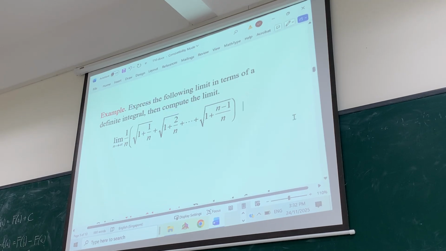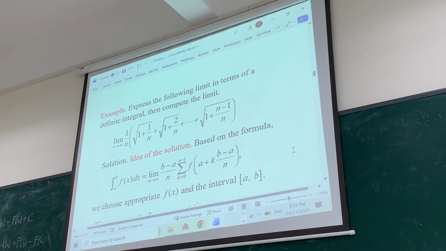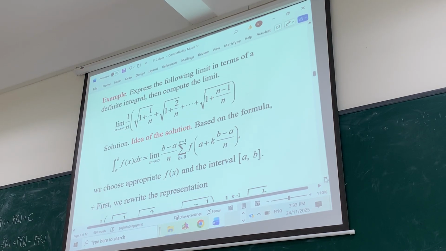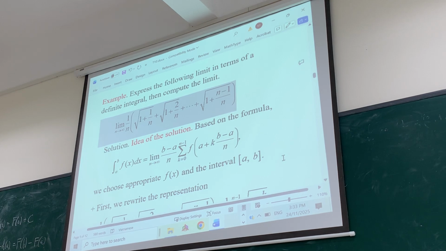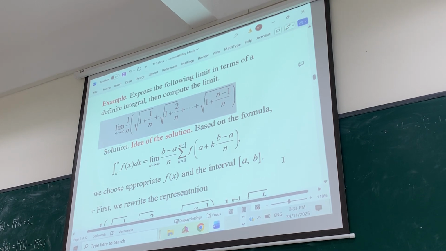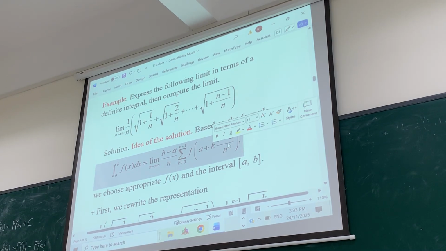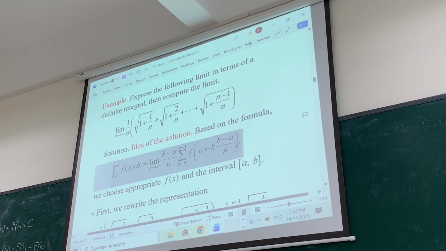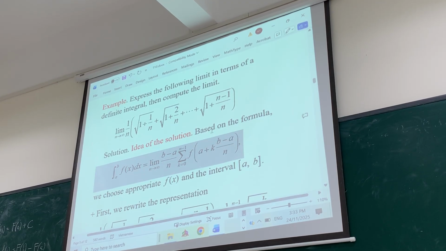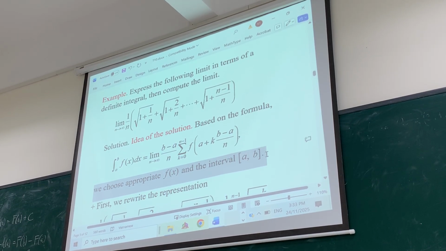I think you know the idea for this process. If you want to express the limit by a definite integral, what do we need to do? We need to use the first formula and second formula to get to the definite integral. We need to choose a function f and an interval [a, b].